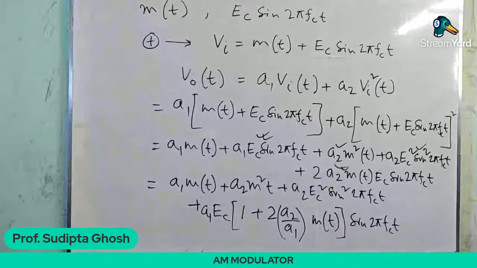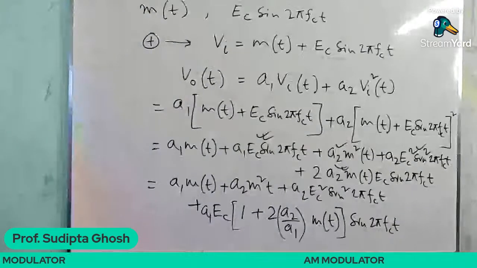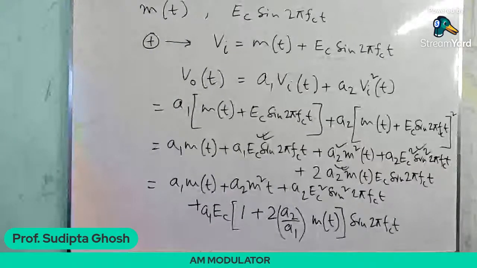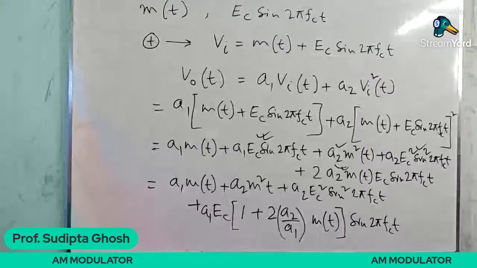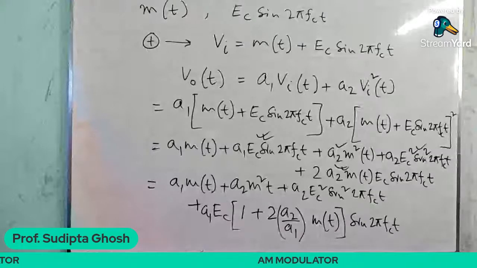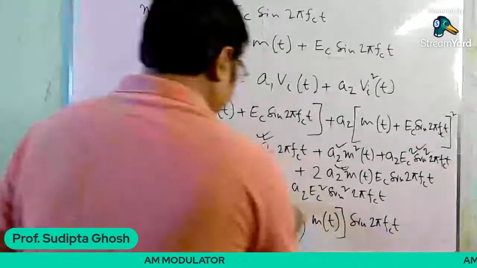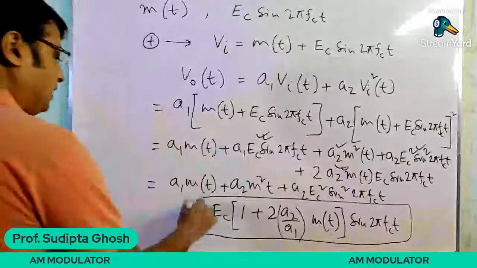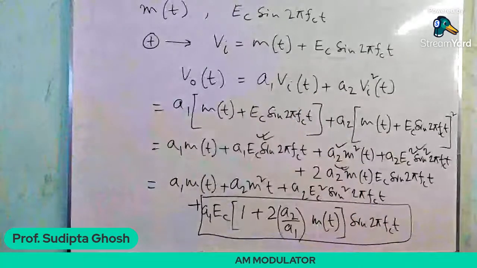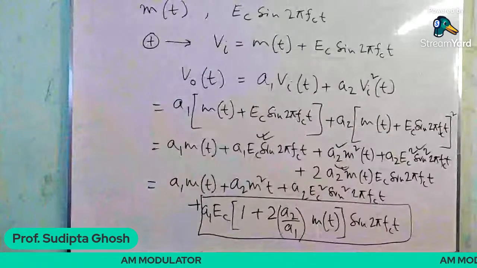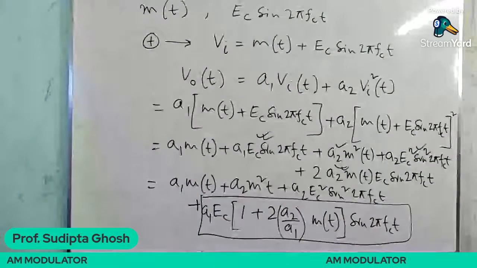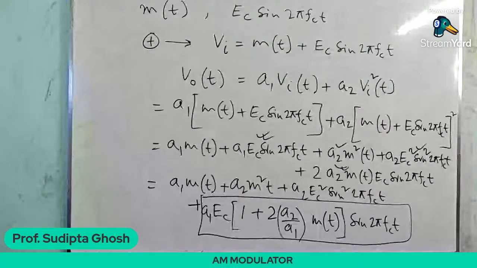The output of the nonlinear device is passed through a band pass filter centered at omega equals omega c to generate the conventional AM output. So the output of the band pass filter will only allow this term, that is A1 EC into 1 plus twice A2 by A1 into MT whole sine omega CT.